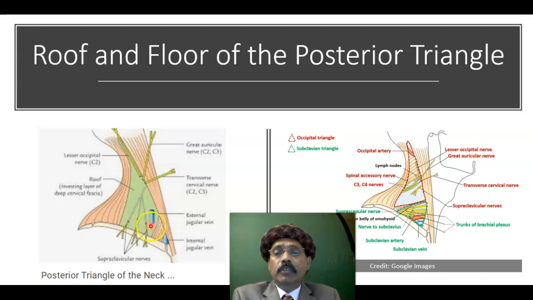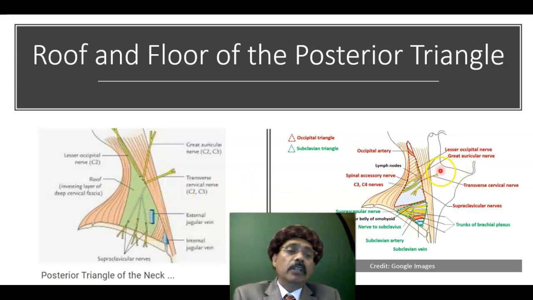The external jugular vein is formed by the union of the posterior auricular vein and the posterior division of the retromandibular vein near the angle of the mandible. We are seeing a part of this, and the external jugular vein opens into the subclavian vein.